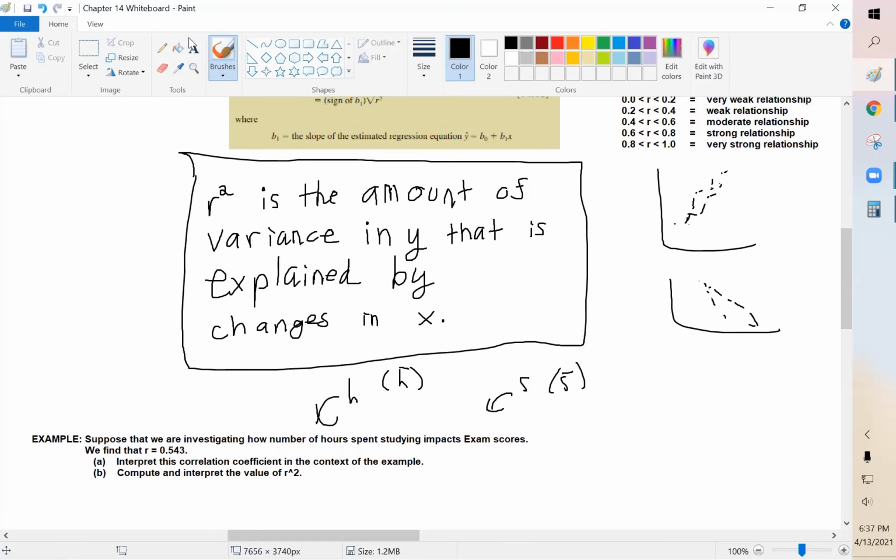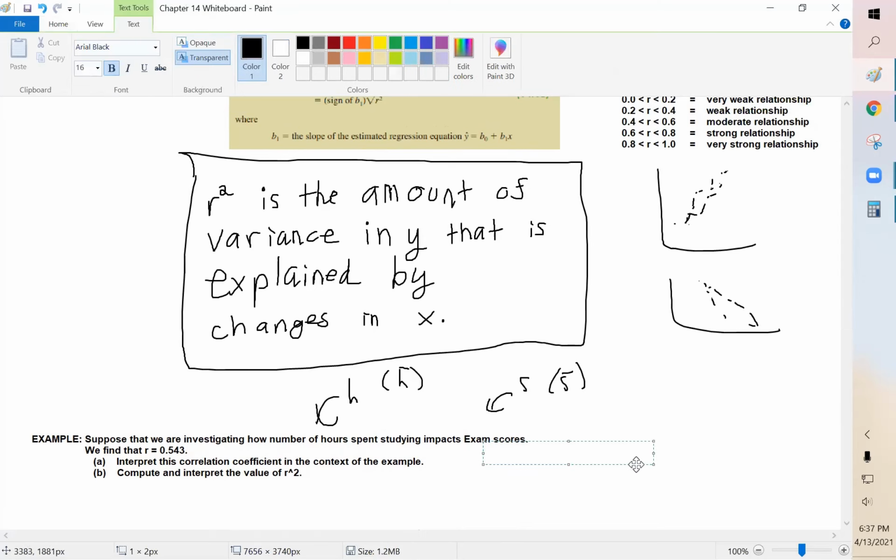So in this case, and I'll type it out so it's easy to read. All right. So for A, R equals 0.54 means that there is a moderate and positive relationship. You need both. Don't forget one of them. If you get one of them, then you won't get the full credit.